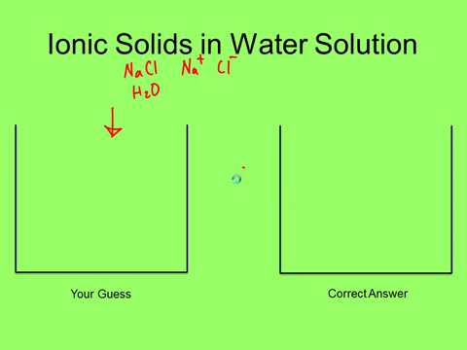All right, so do your best guess. Draw how you think it is on the left. You can do a bubble. You do a symbol for each one. You can draw on the box. Draw what you think it will look like.